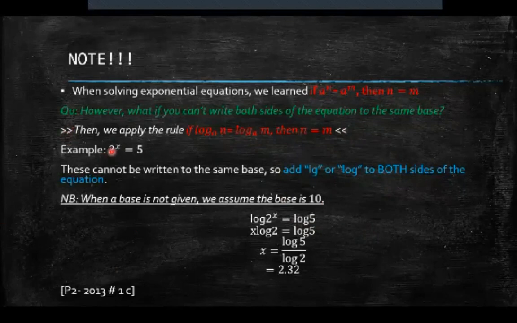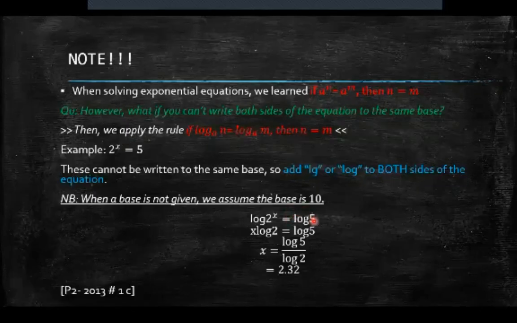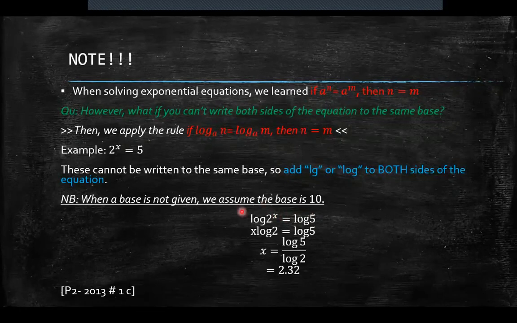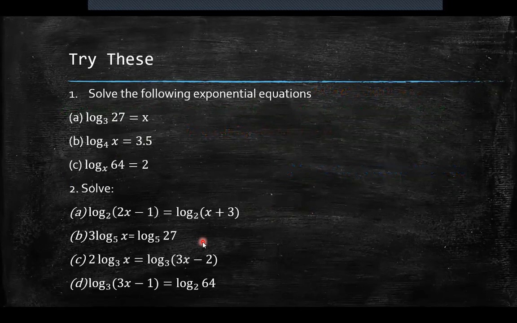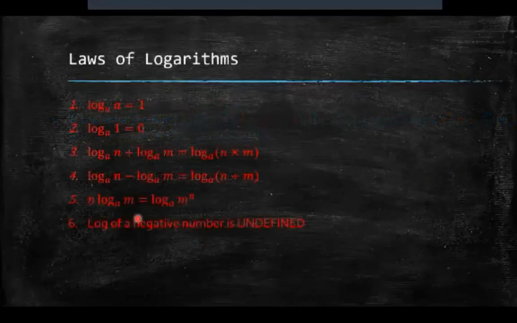So say we're given 2 to the power of x is equal to 5. We just cannot write these two to the same base. When this happens, I take log on both sides. So this becomes log of 2 to the power of x is equal to log of 5. Applying your log rules, we already did this.